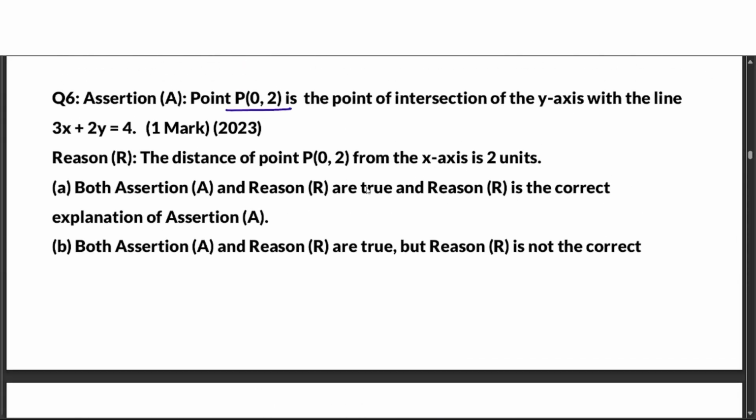So that is also true. So both the assertion and reason are true, but reason R is not a correct explanation. So option B.